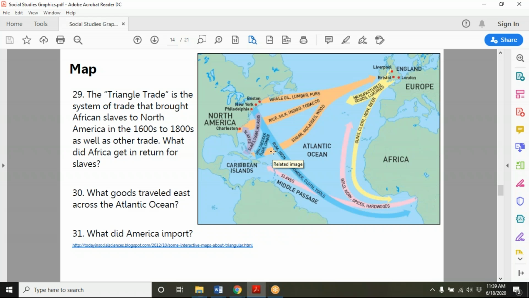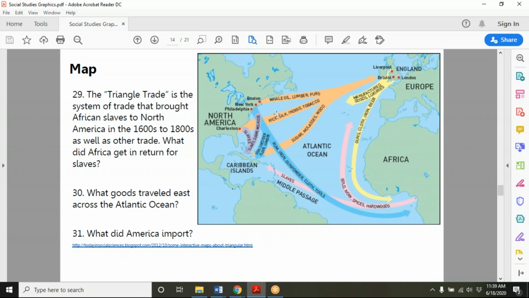What did America import? What would be an import? Rice, tobacco, wood, sugar, whale oil, lumber.